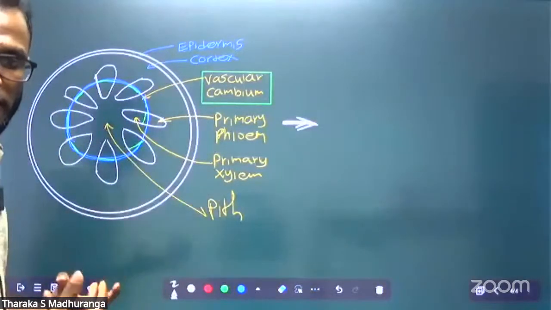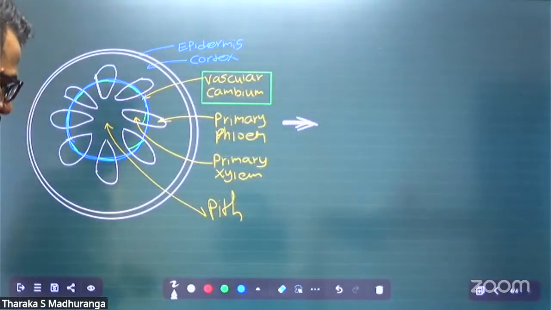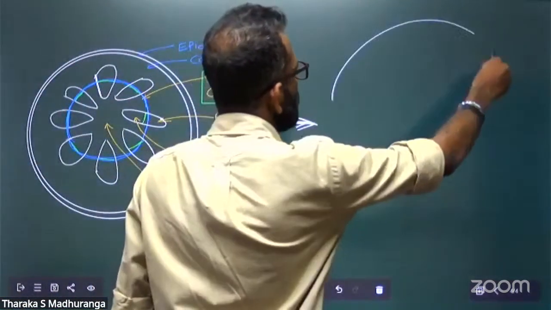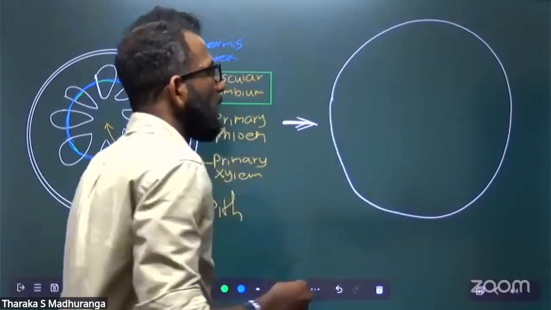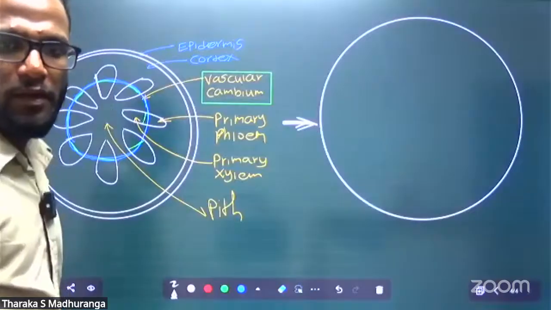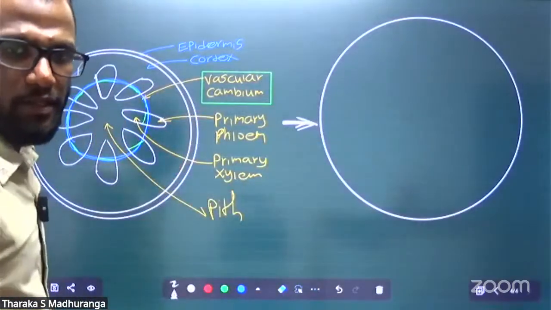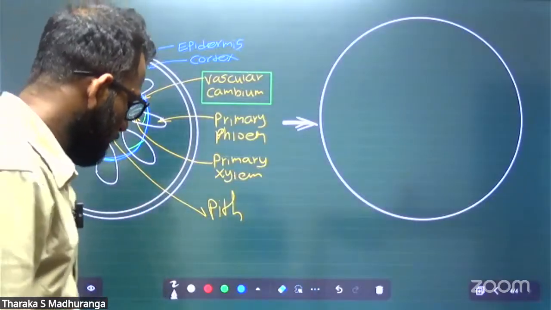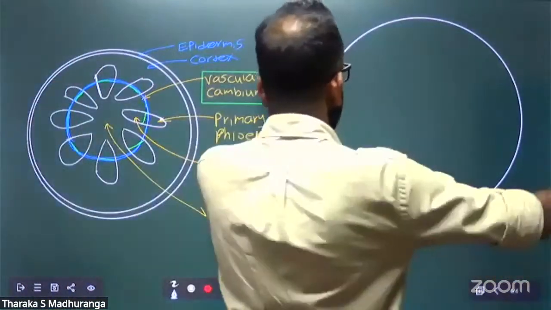In the final stage of the secondary growth, they increase the diameter. I am explaining how to increase the diameter. How to increase the diameter?